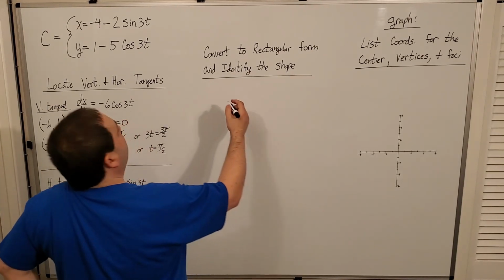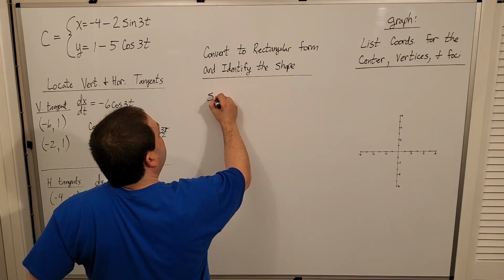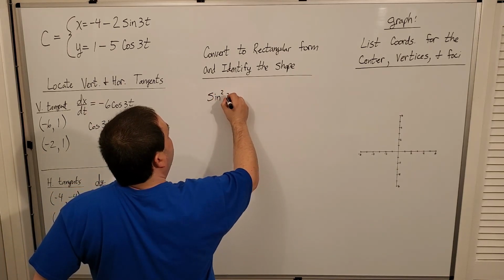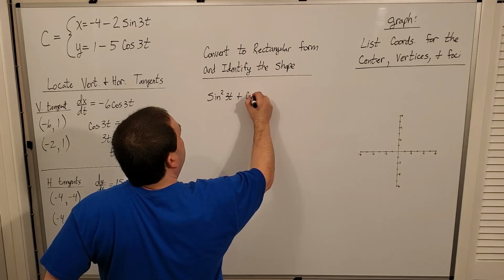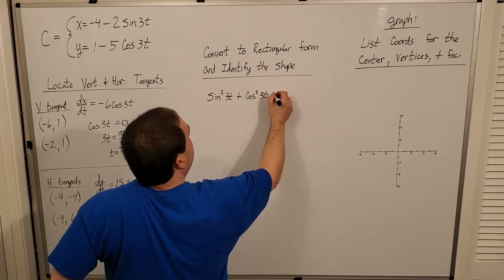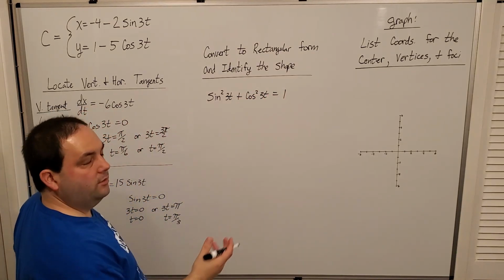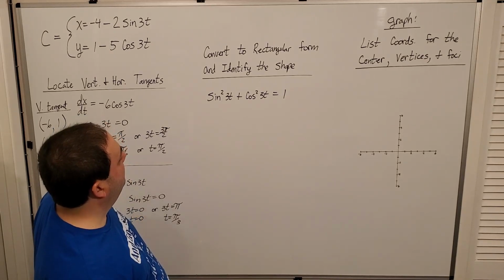I know that sine squared of 3t plus cosine squared of 3t is equal to 1. Normal trig identity.